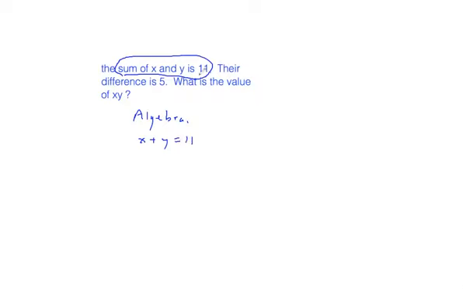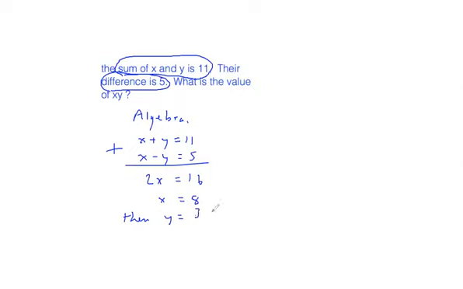Their difference is 5, so that would be x minus y equals 5. And notice when I add those two equations together, I get 2x equals 16. Divide the 2 out, I get x equals 8. Then y would have to be 3.